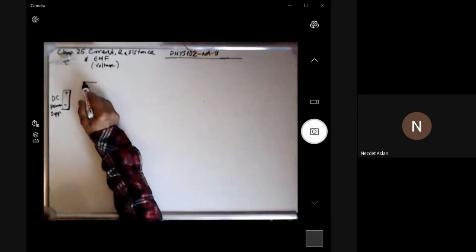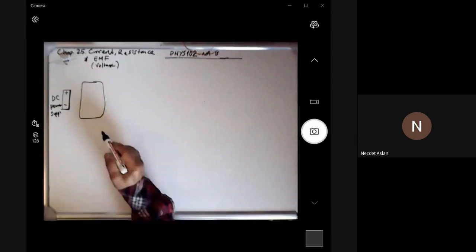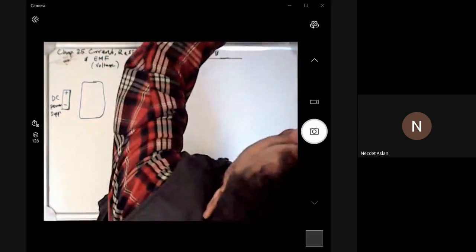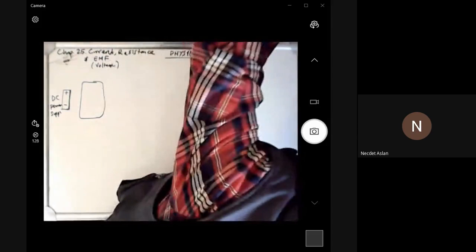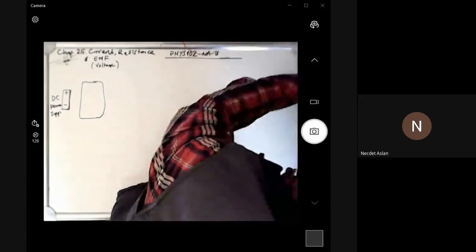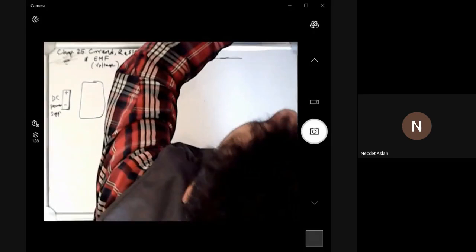And we have some kind of circuit. Maybe it's a circuit like this. I will show you now a different kind of circuit that we have developed. This may be a very interesting circuit, which is just like that, as you see.